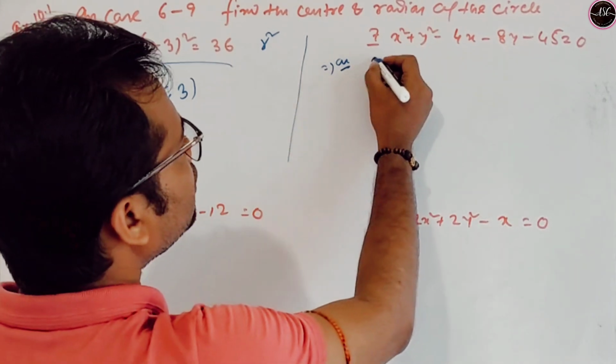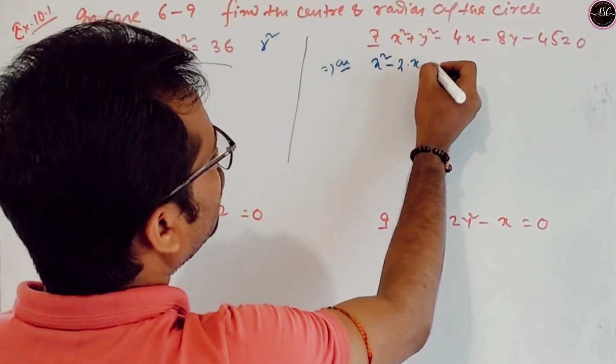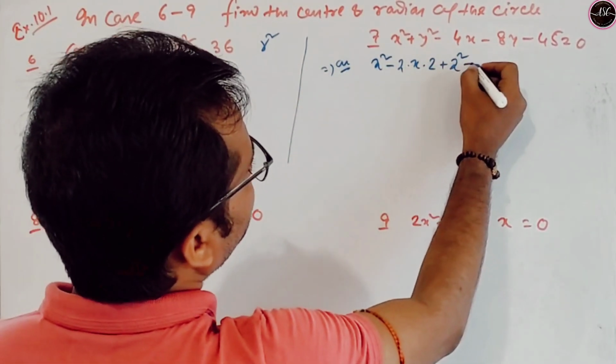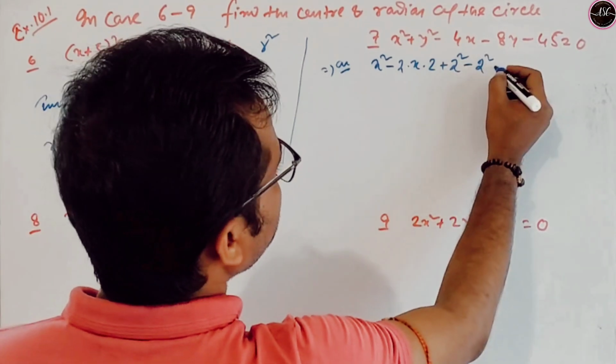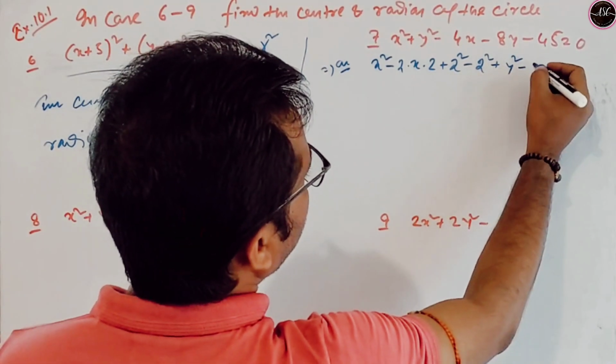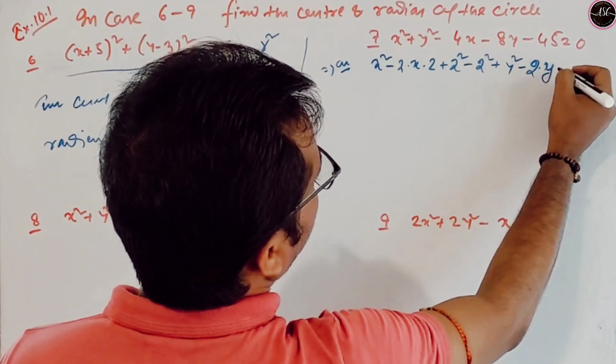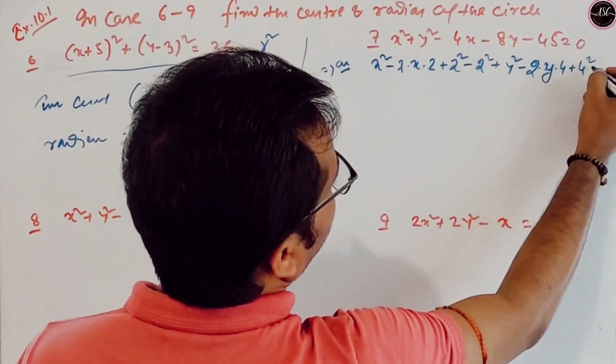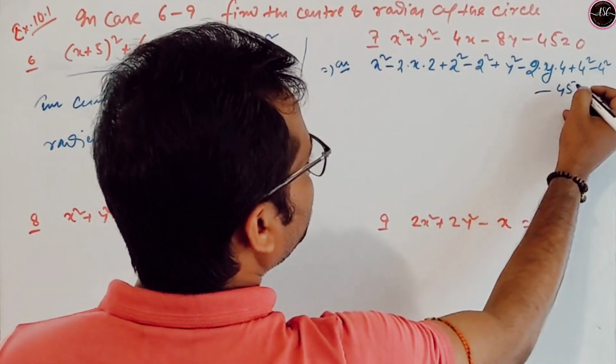Okay, now this one, simply we write this in square form. So for this, x square minus 2 dot x dot 2, so write here 2 square, minus 2 square to balance the equation, plus y square minus 8y, that means 2 dot y dot 4, plus 4 square minus 4 square minus 45 equal to 0.